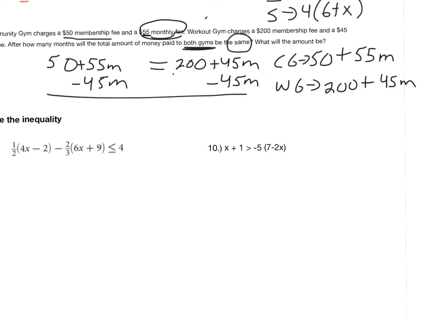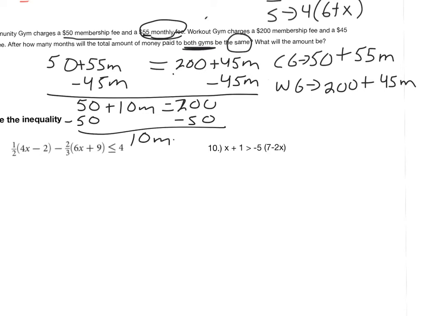And if we do that, we are left with 50 plus 10M equals 200. And then we subtract by 50 on both sides, and we are left with 10M equals 150. Then we divide by 10, and we get our answer, which is M is equal to 15. After 15 months, both gyms would have the same cost.